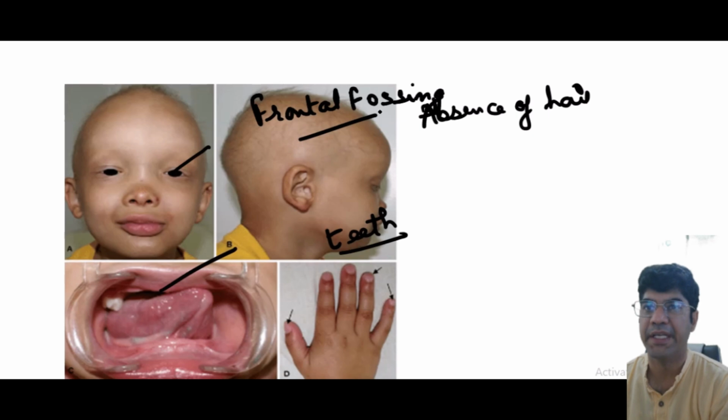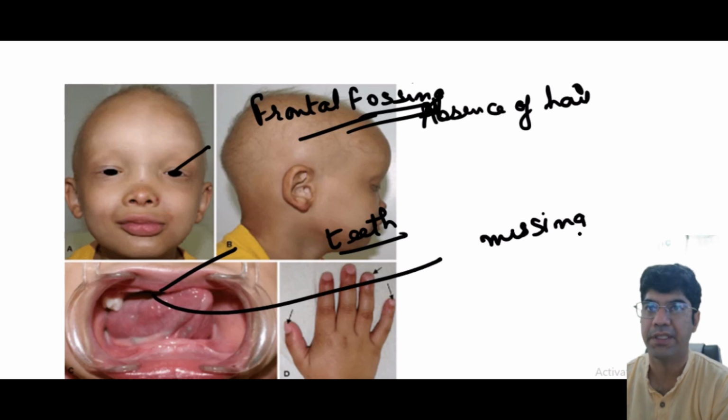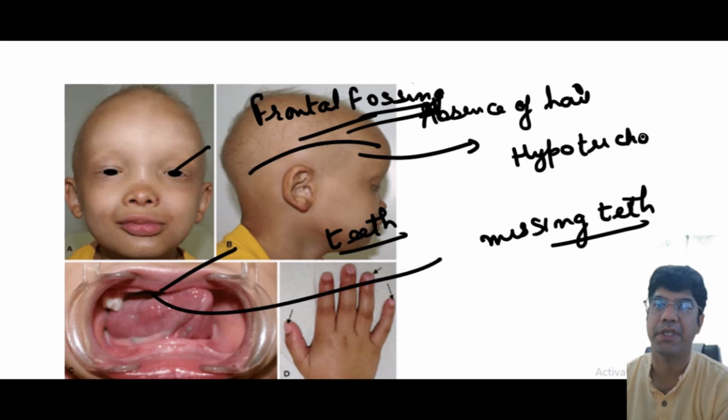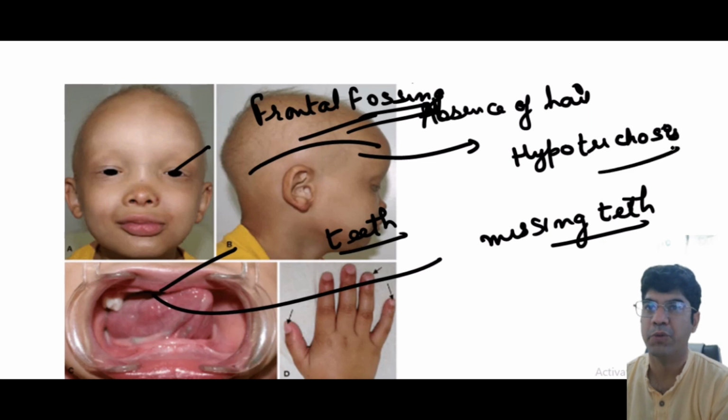Hypodontia means missing teeth, hypotrichosis means sparse hair, hypohidrosis means reduced ability to sweat. So these are its key features.